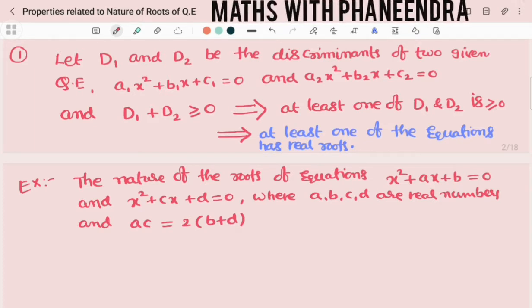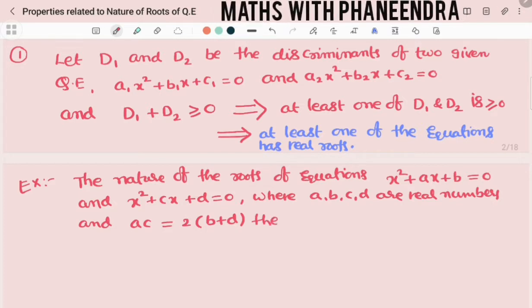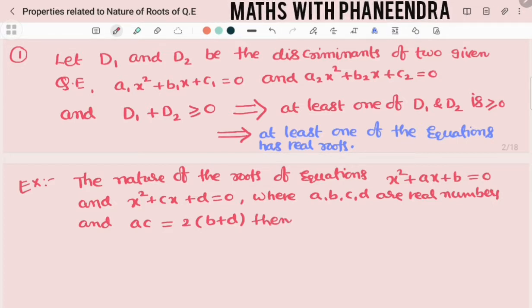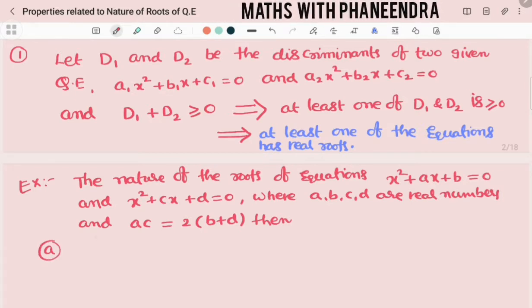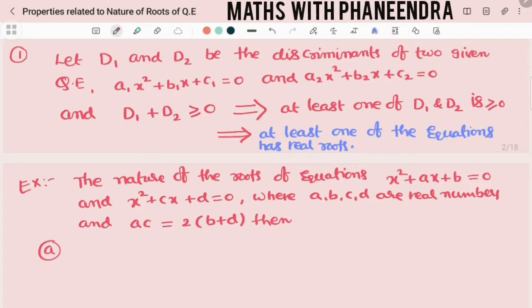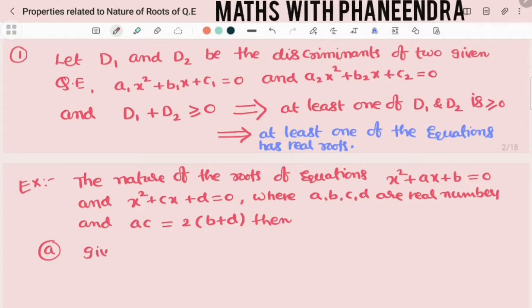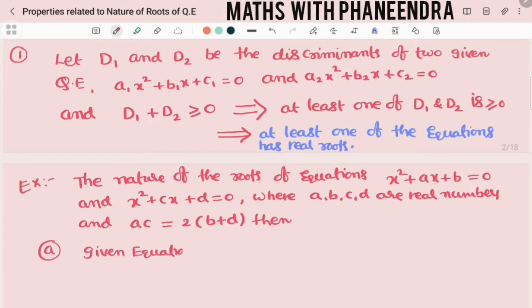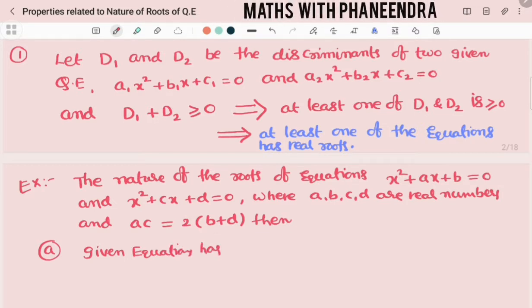Then the options. First option, the given equations have real roots.